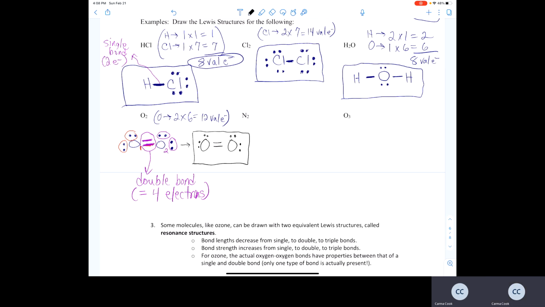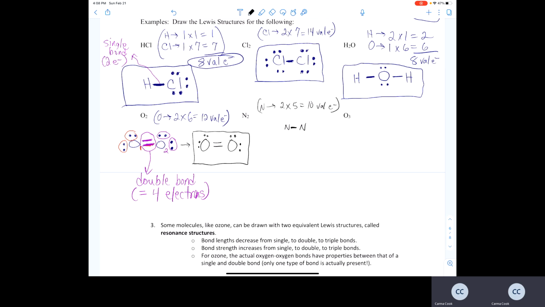The next one's nitrogen. It's 2 nitrogens. Each nitrogen is in group 5, so 2 times 5 gives us a total of 10 valence electrons. So I put my 2 nitrogens side by side, and that gives me 2 electrons around each nitrogen.